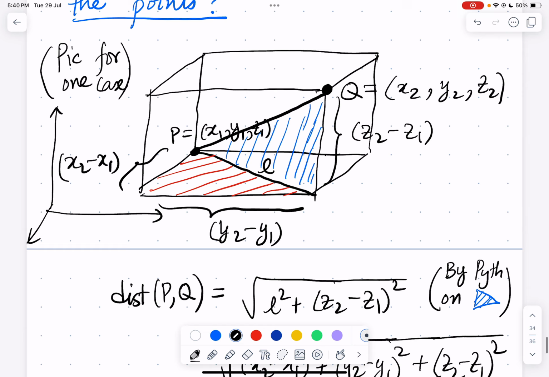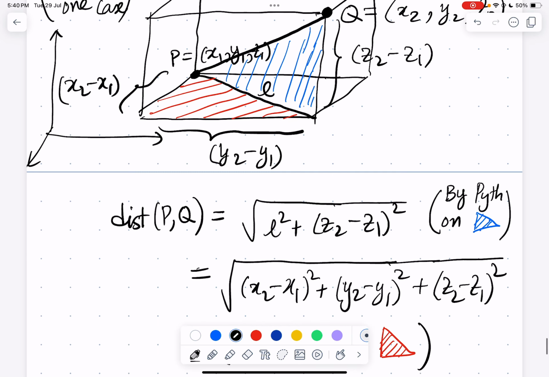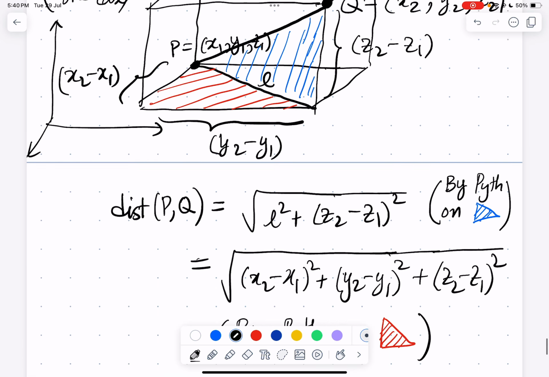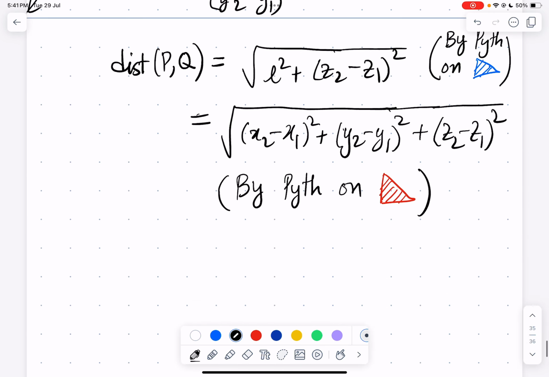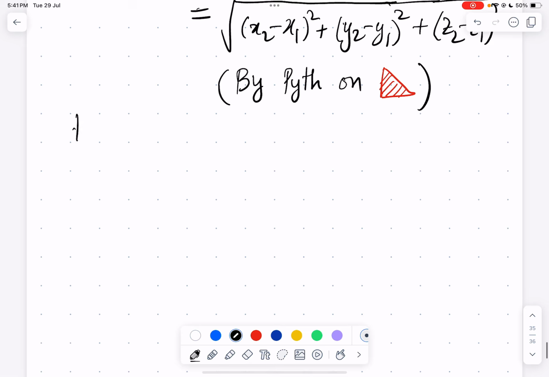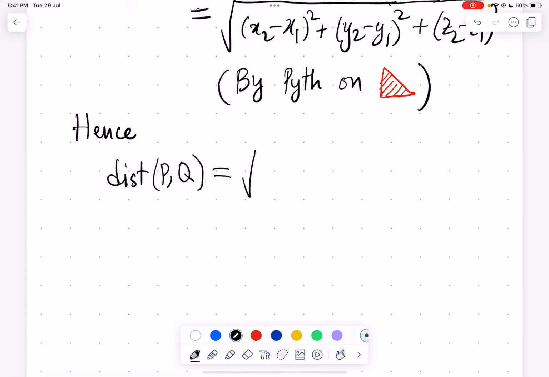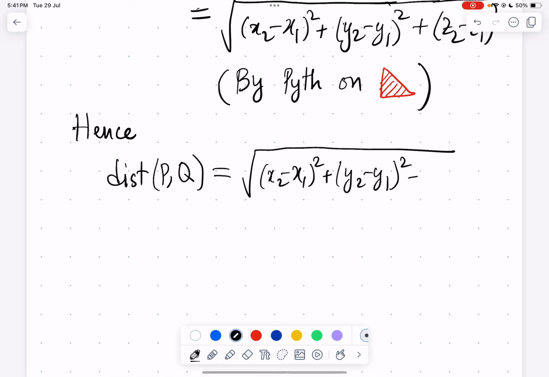The distance between P and Q is the square root of L square plus (z2 minus z1) square, and L square is further (x2 minus x1) square plus (y2 minus y1) square. So by using Pythagoras theorem twice, we get that the distance between these two points in three-dimensional space is the square root of (x2 minus x1) square plus (y2 minus y1) square plus (z2 minus z1) square.